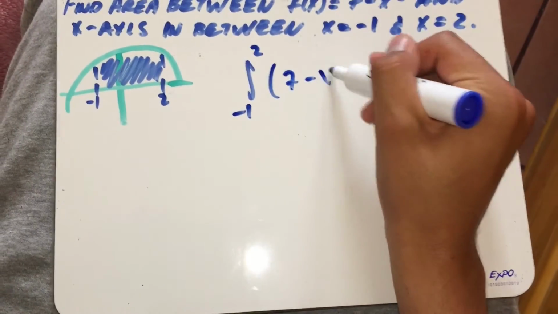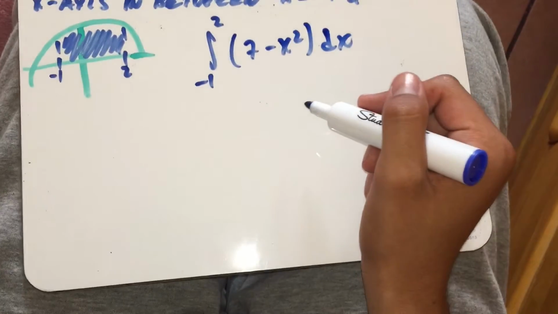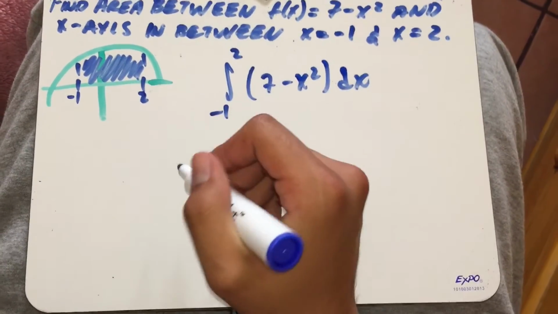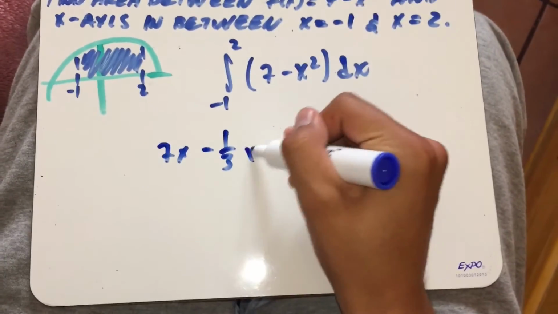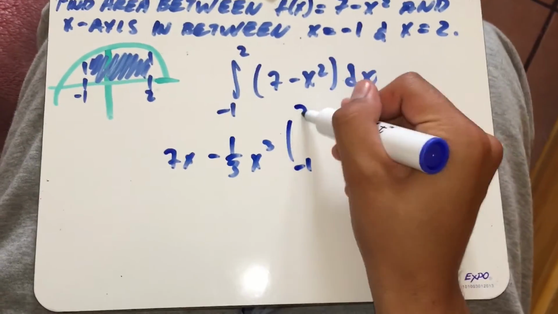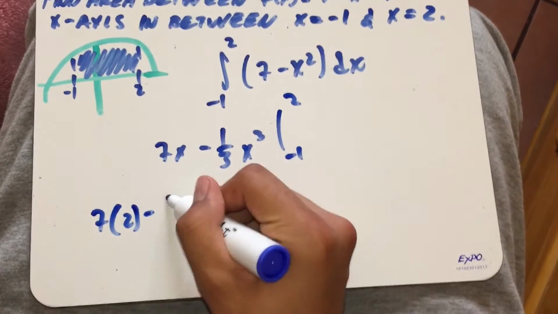And you plug in your f of x, which is 7 minus x squared, and then you plug in the dx. So basically all you do is integrate the f of x function, which leaves you with 7x minus 1/3 x cubed. Once you have that, you're going to plug in your points, -1 and 2, and you're going to subtract the smaller one from the bigger one.